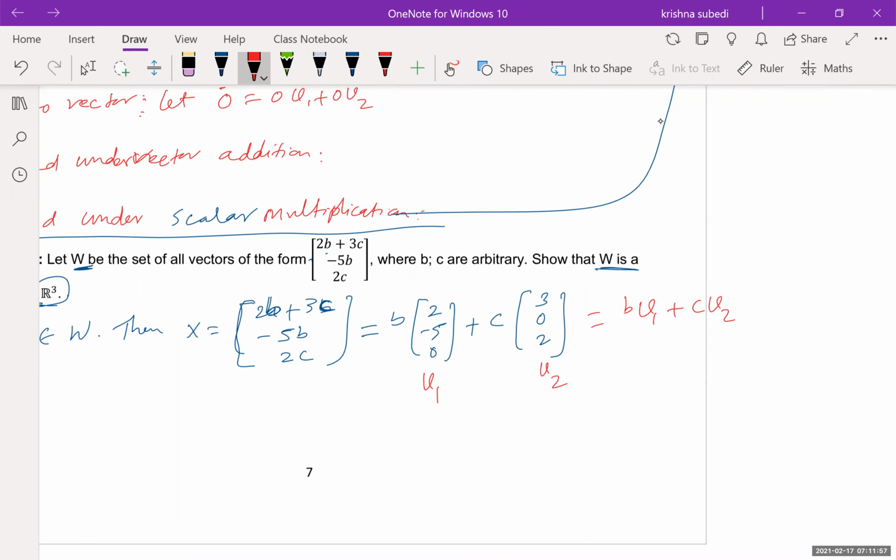This is a linear combination of v1 and v2, so I can write this as a span of v1 and v2.